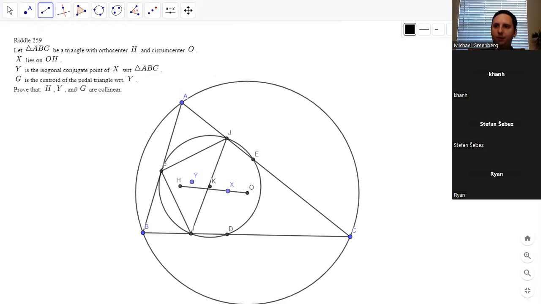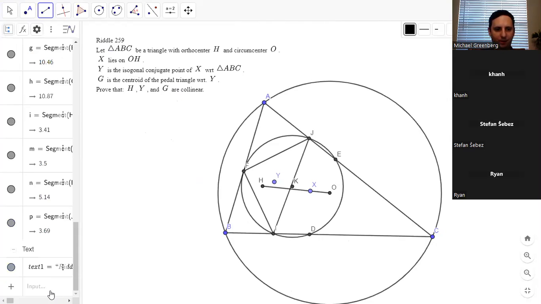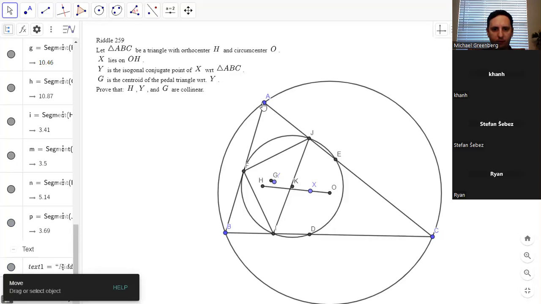Is the centroid triangle center 1? I think it is, right? Fij1 looks like it. We want to show H, Y are collinear. They don't look collinear there.